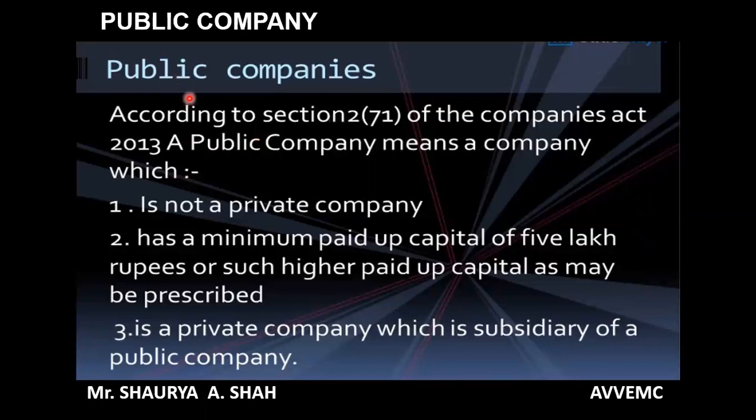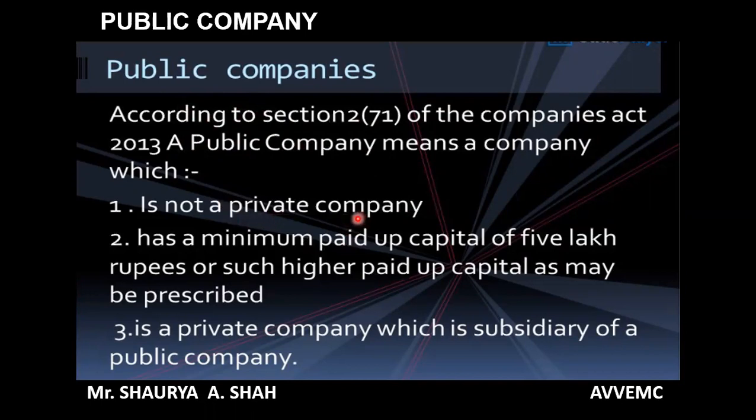So in your syllabus you need to study only two main types, that is public companies and private company. Now, what do you mean by public company, students? According to section 2 subsection 71, this is the most important thing you need to remember in the definition also, under which section the particular concept is given. So according to section 2 subsection 71 of the Companies Act, a public company means a company which is not a private company.